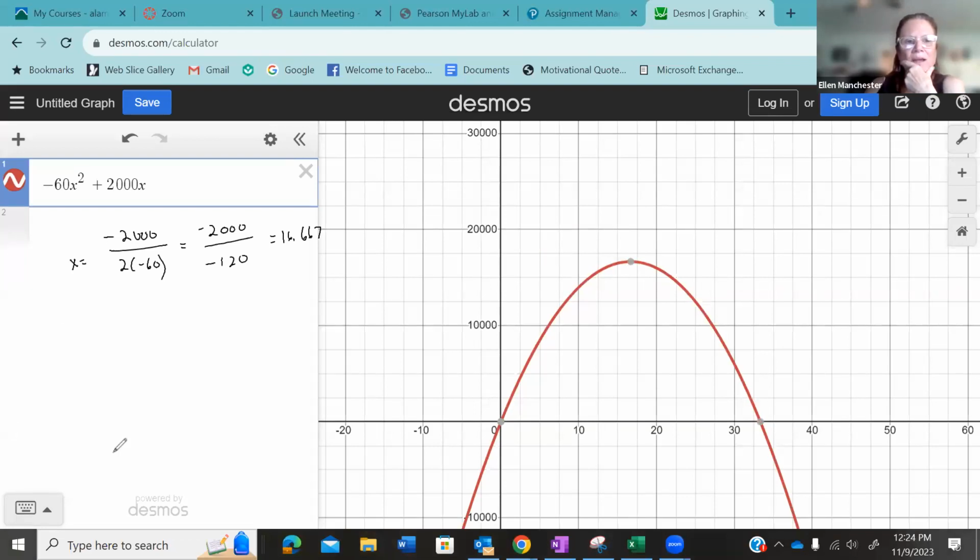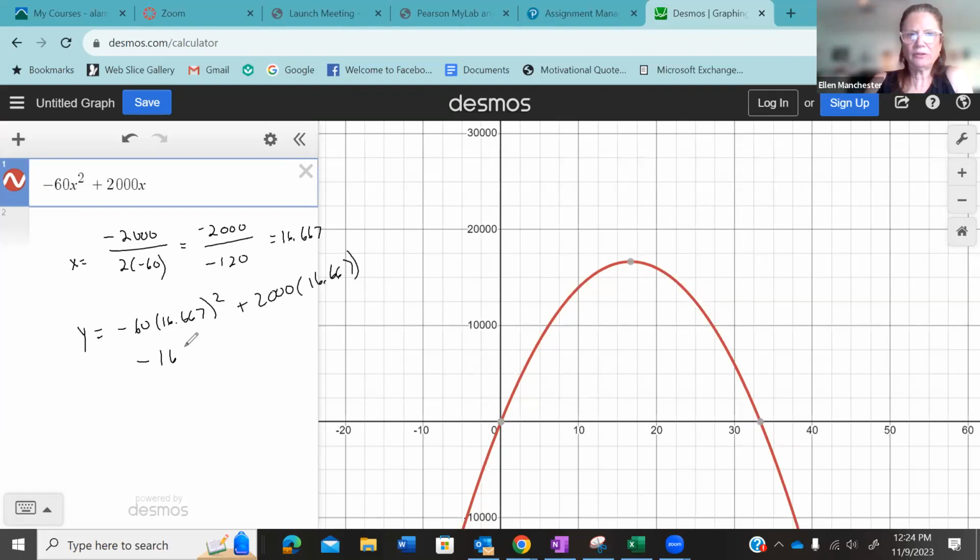To find my y value, I'm going to plug that answer back in. And then again, I'm going to calculate it. So I'm using my calculator. 16.667 squared times negative 60.